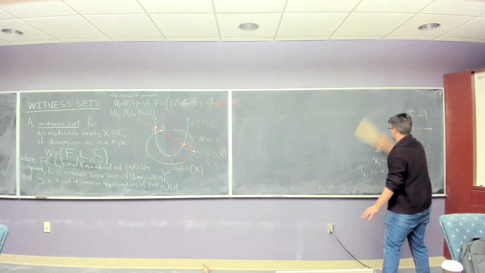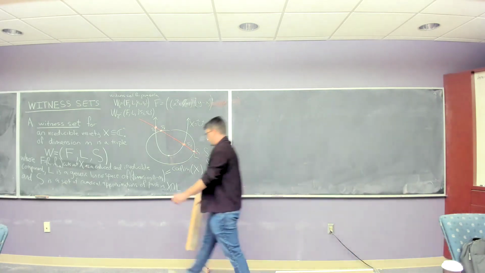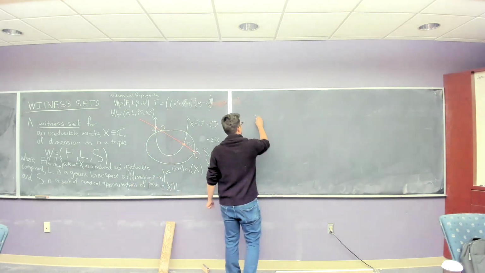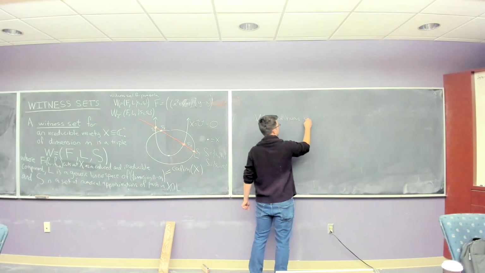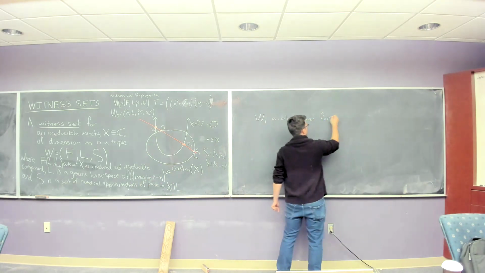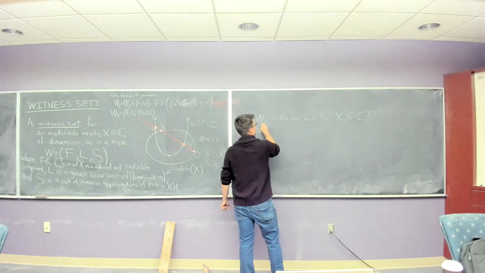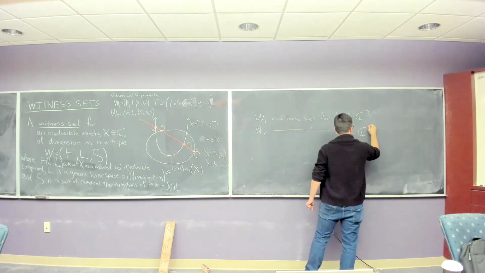So now I'm going to give you an algorithm to do something that you do care about. It may or may not surprise you that as soon as you have witness sets, you're good to go. So one will be a witness set, and two will be a witness set in the same space.